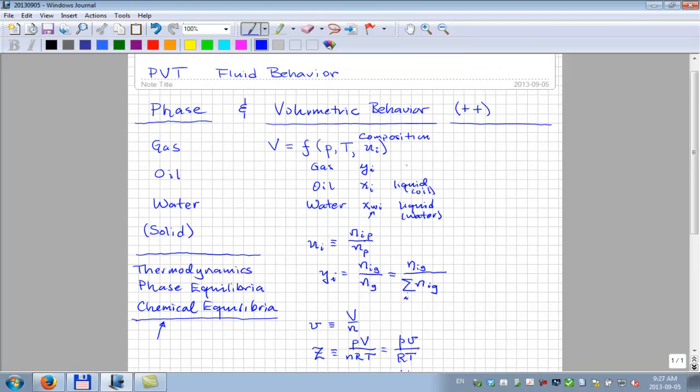Now, what are these extra things that don't really fall directly into these two categories? Well, the two properties that we also have to come up with to do engineering calculations, for sure, the one is viscosity, which has the symbol mu, and the other is interfacial tension between two phases, or it could be between a fluid phase and a solid phase, but in general we're going to talk about fluid phases, so we've got interfacial tension.